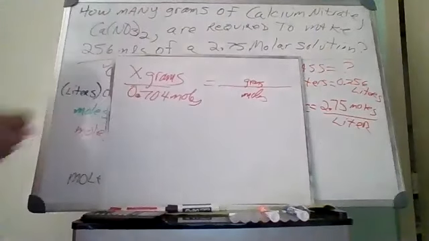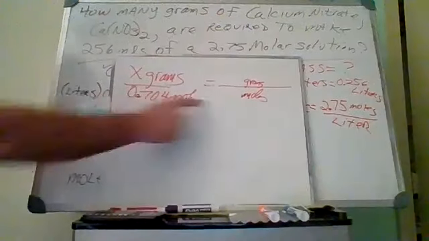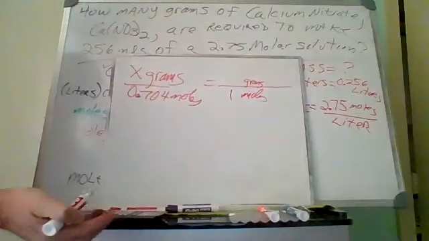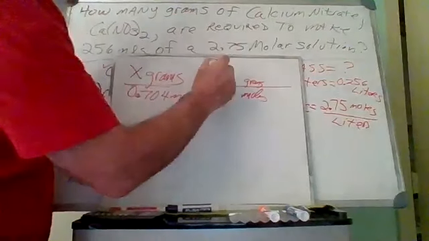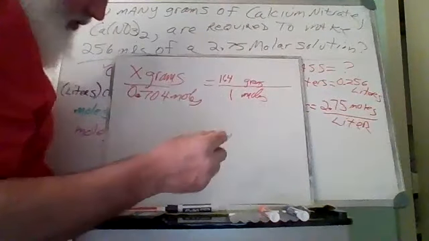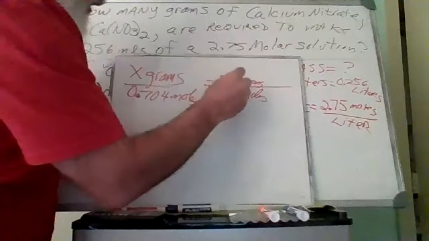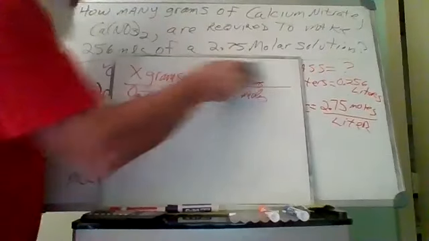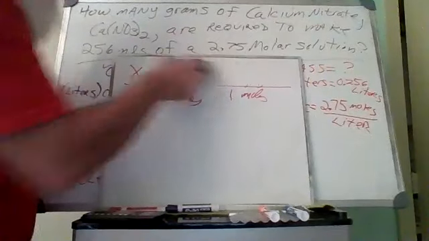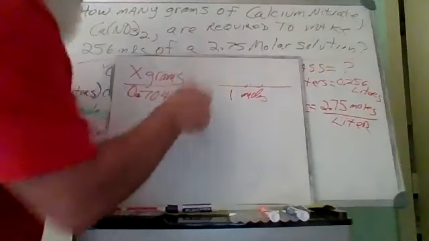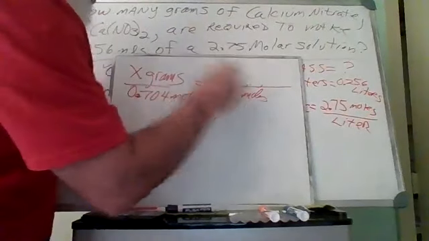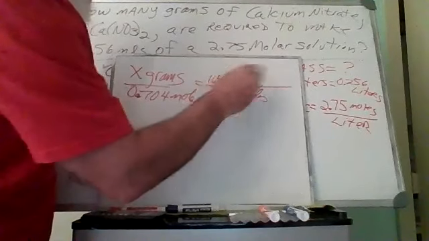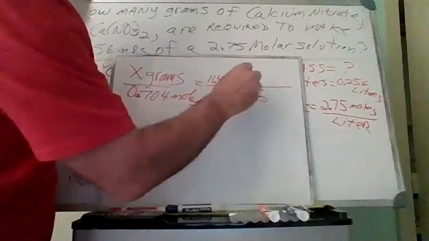The right-hand side is my 1 mole side. How many moles are in 1 mole? 1. How many grams are in 1 mole? The molar mass. We just calculated 164.086 grams.